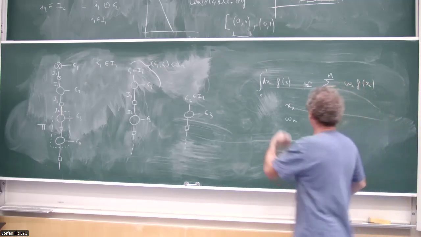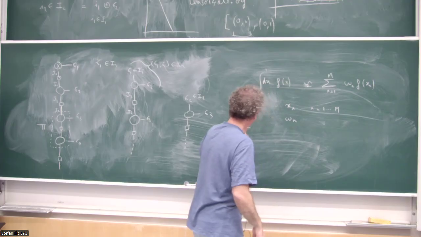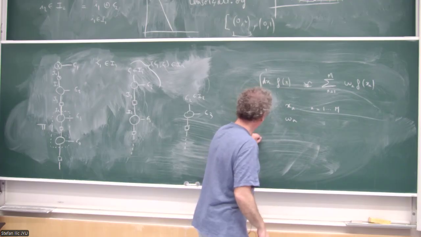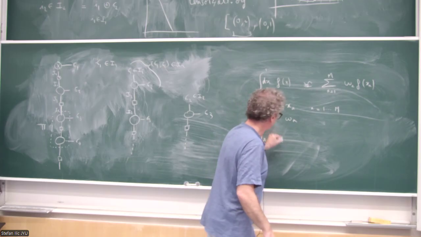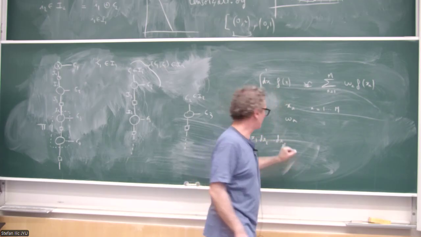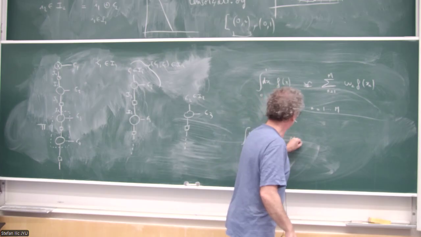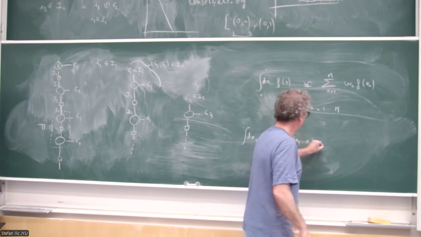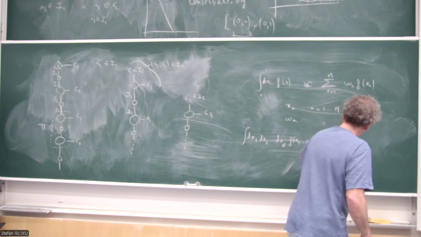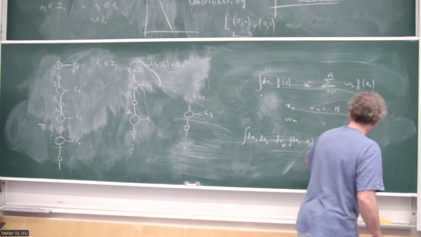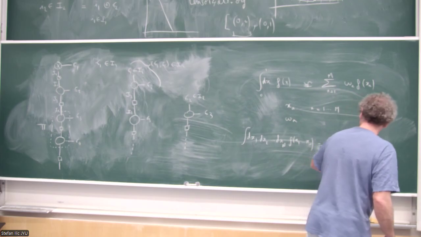Then, if you want to use TCI, now you will write the integral dx1, dx2, ... dxn, where n is the number of dimensions, of f of x1, ..., xn. Now it's going to be a sum over a1, ..., an.